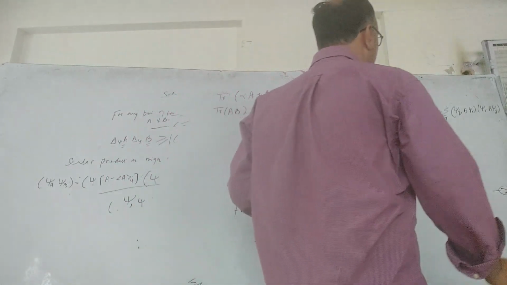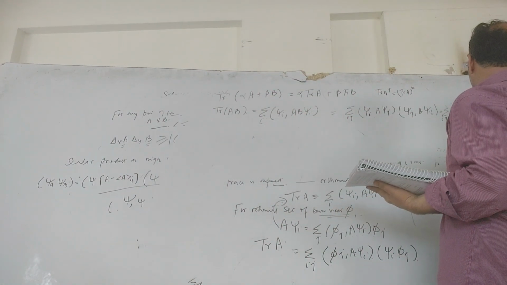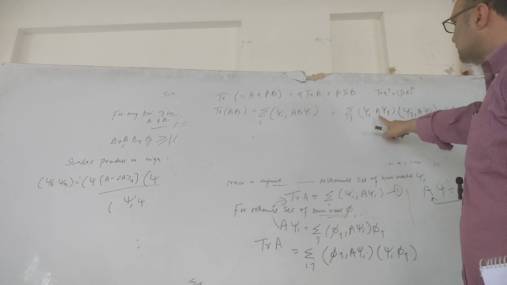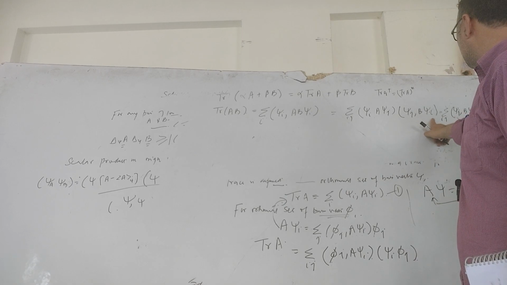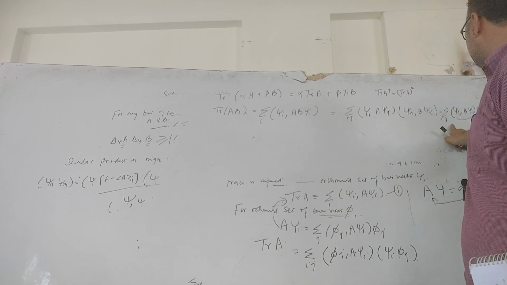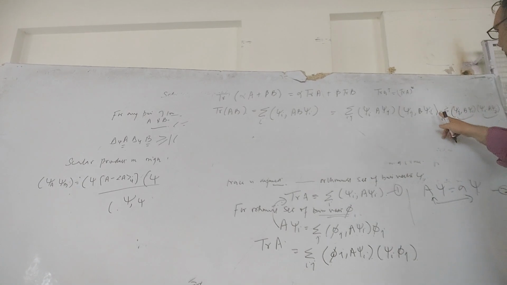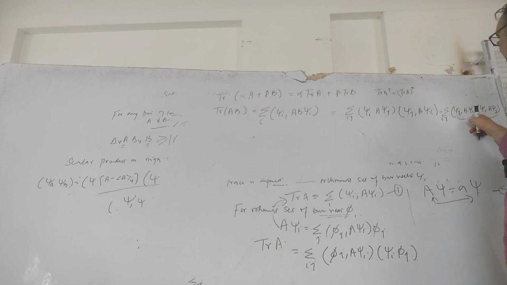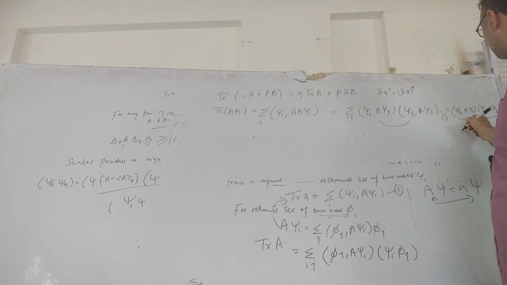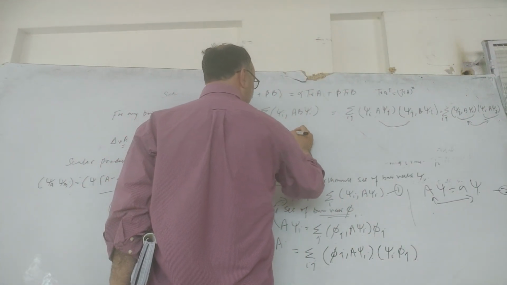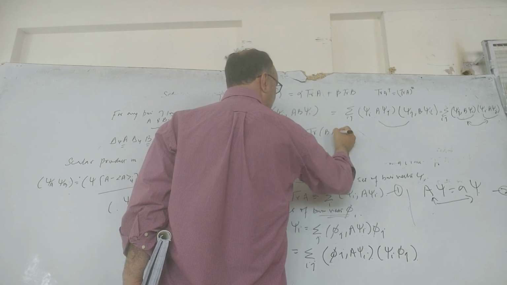So you can see it: if you have psi of A in a product and you change it in terms of I and J, then if we switch it, we can just change it to psi J, B, psi I, psi I, A, psi J. So if we just flip this to this, we can say that trace of AB is equal to trace of BA.